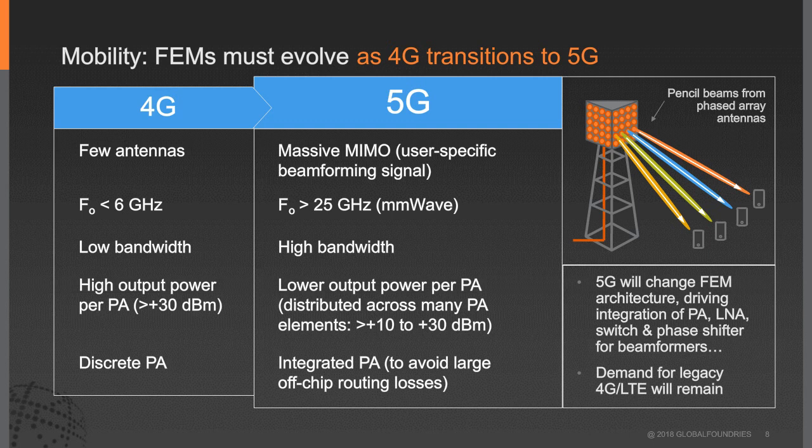So as you know, the sub 6 gigahertz spectrum is very congested. So millimeter wave 5G enables you to have hundreds of megahertz of bandwidth available for high data rates. So that's a huge benefit.